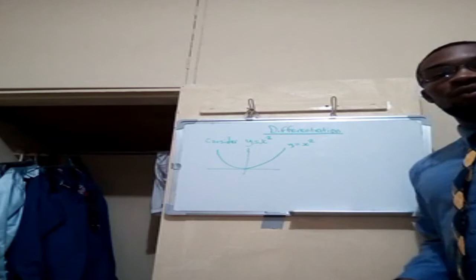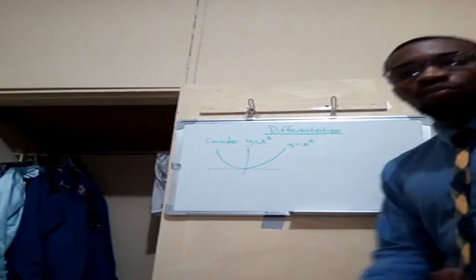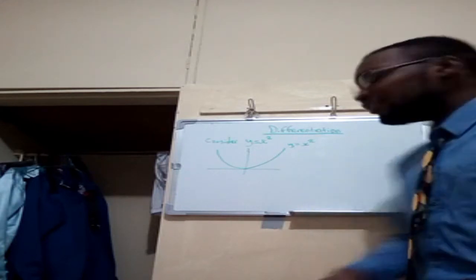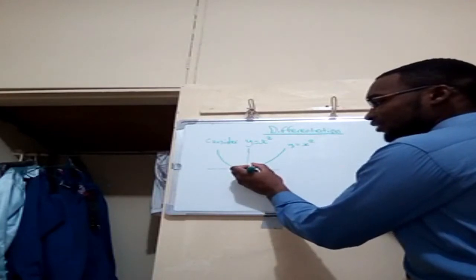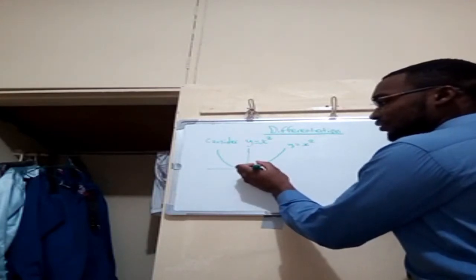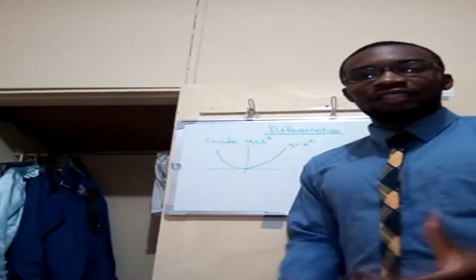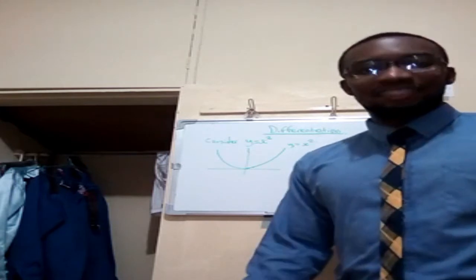Now let's say we want the gradient of the curve at some point, because the gradient of a curve varies at each different point. So the gradient here is going to be different from the gradient here, different from here, different from here. How do I know that? To find the gradient at a point, we have to find the gradient of the tangent at that point.